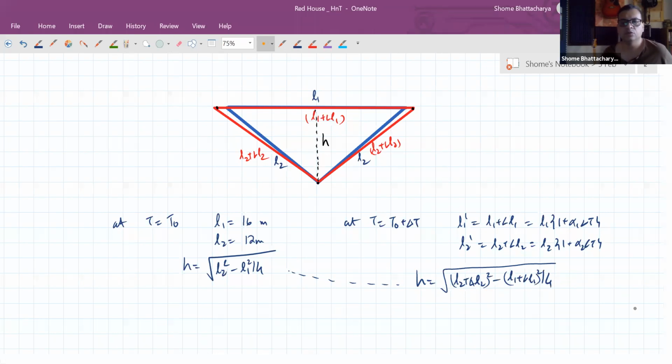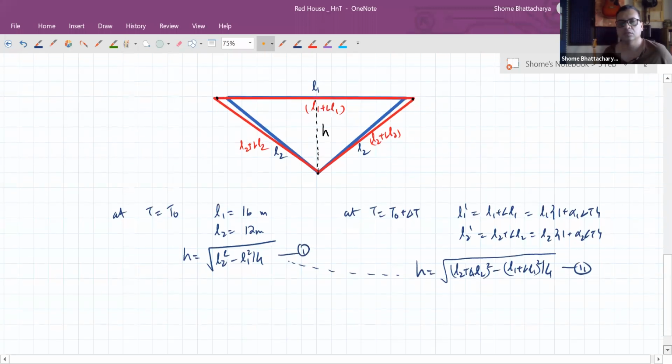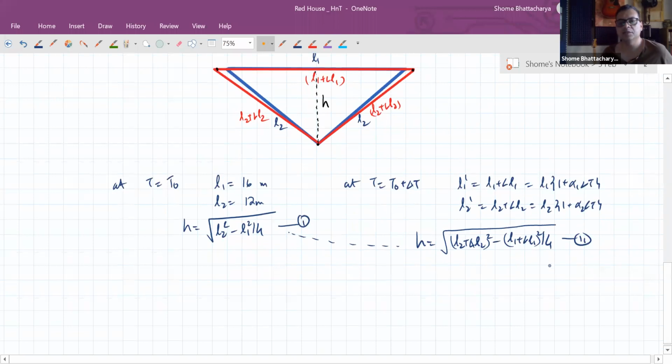So all we have to do is compare these two equations now. This is equation 1 and equation 2, and of course substitute these values here. So for any delta t, this statement 2 should be correct.